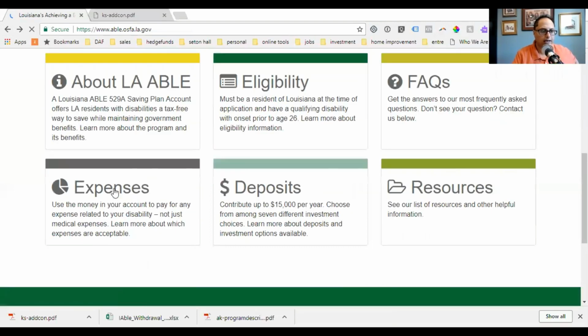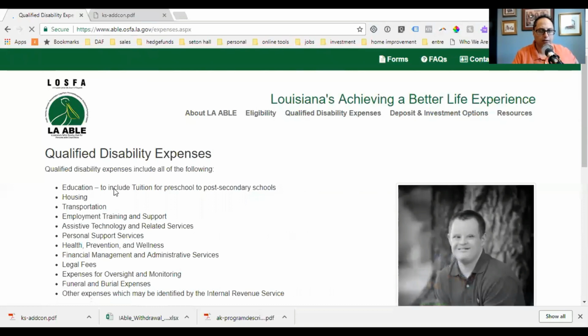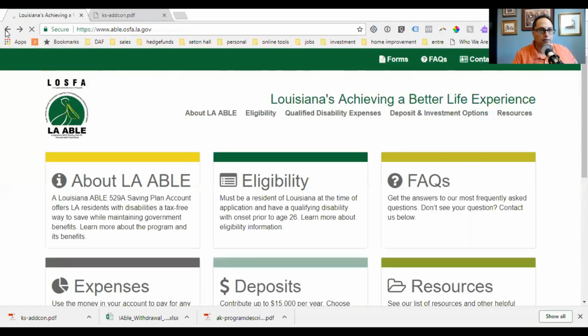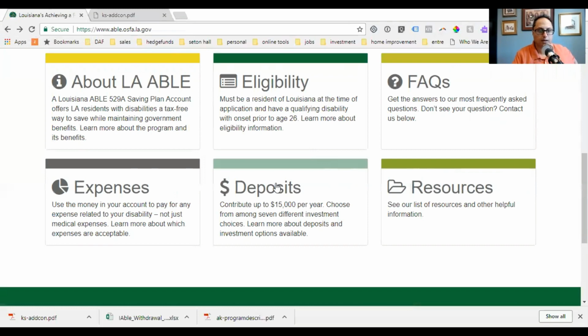Let's look at expenses. We briefly mentioned that. Okay, these are the type of expenses we hope to have. Please check out our report down below or at specialneedslifeplanning.com/QDE, which stands for Qualified Disability Expenses. Okay. And deposits.